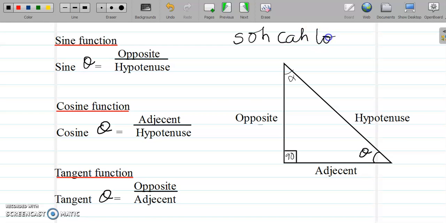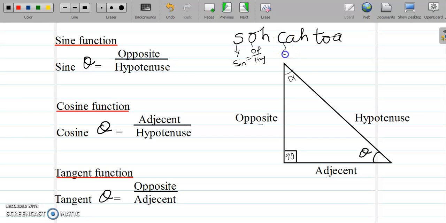This helps us to memorize the meaning of all. S stands for sine, O stands for opposite over H stands for hypotenuse. You see, sine is opposite over hypotenuse.